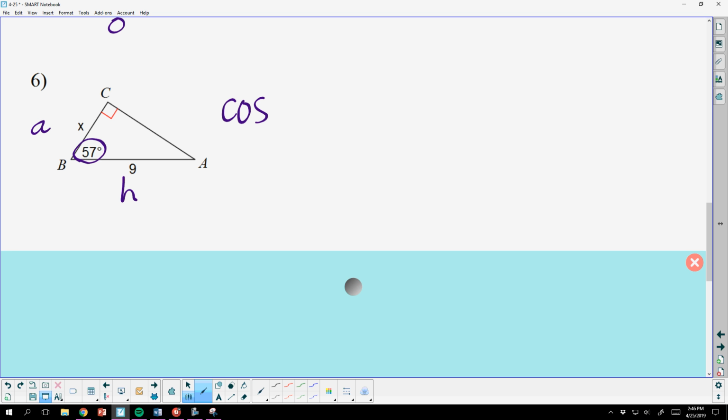So we're going to go cosine of what? Cosine of our angle, which is 57, equals what? Something over, so what's our fraction? X over 9. So then what are we going to plug into the calculator? Because we need to solve for x.